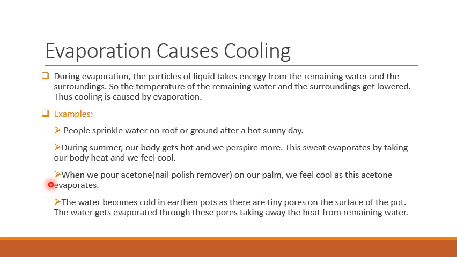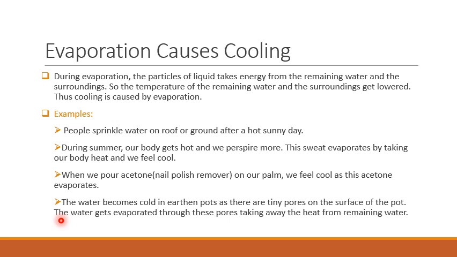Now let's see one more example. When we pour acetone or the nail paint remover on our palm, we feel cool. Now, why does this happen? Because the acetone present on our palm evaporates and it removes the heat from our palm, and as a result, we feel cool.